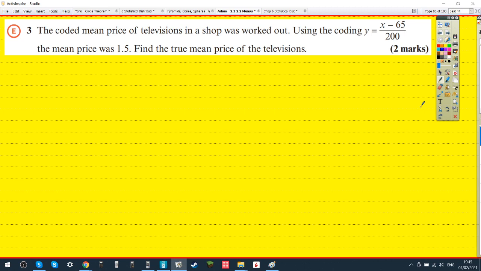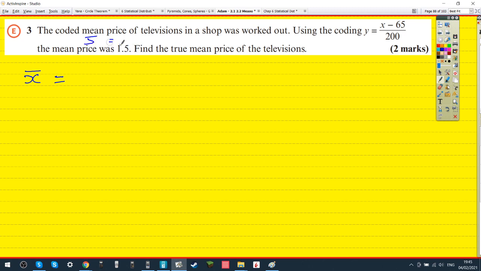Would you want to make it x bar equals, or just x? You could do x in general. X equals 200y plus 65. Y bar is 1.5.